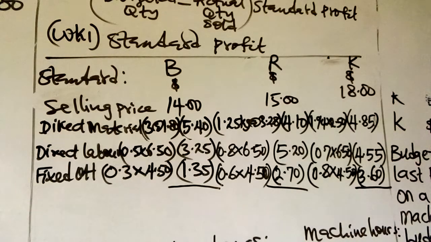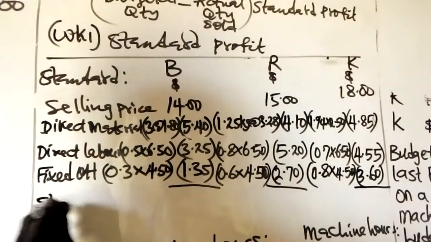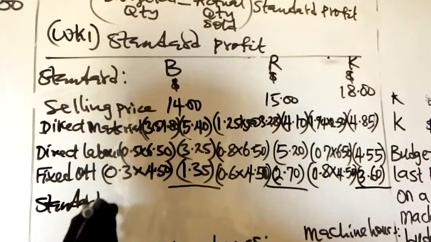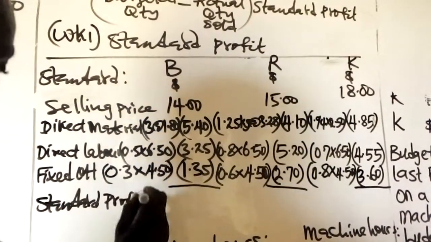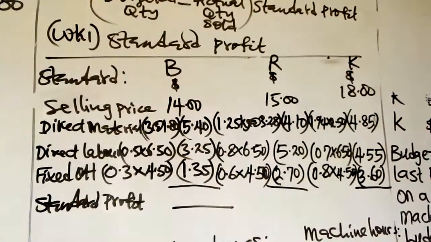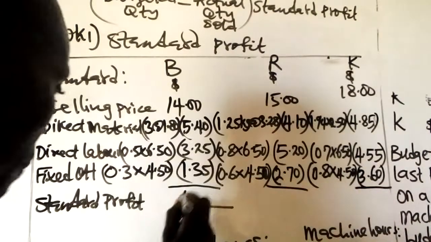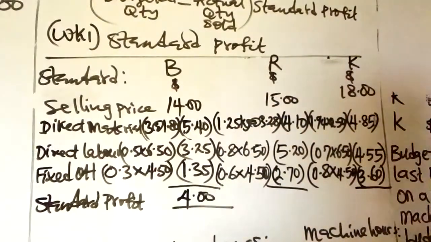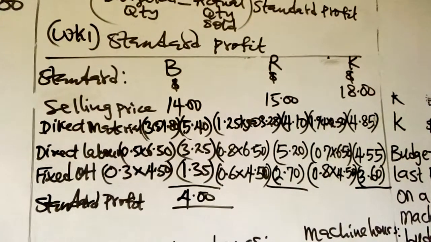Now, when you deduct all the costs, we have the standard profit. For B: $14 minus 5.40 minus 3.25 minus 1.35, then we have $4.00. That is the standard profit.